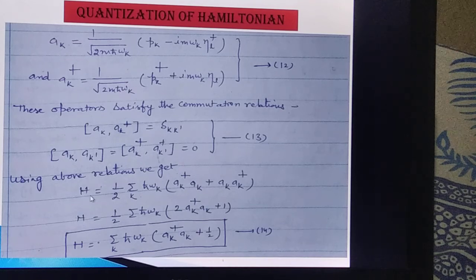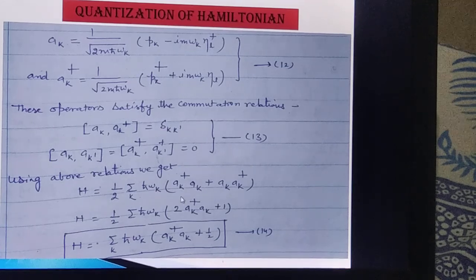And if you write the value of ak and ak dagger, then the Hamiltonian in terms of these operators will be equal to 1 by 2 summation k h cross omega k (ak dagger ak plus ak ak dagger).